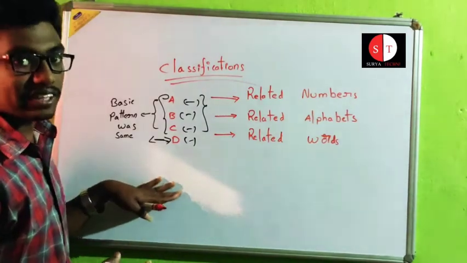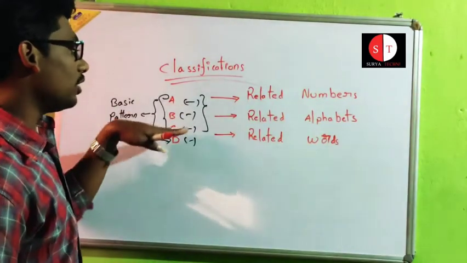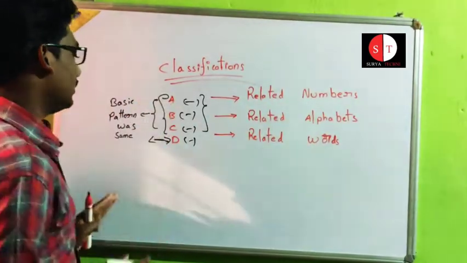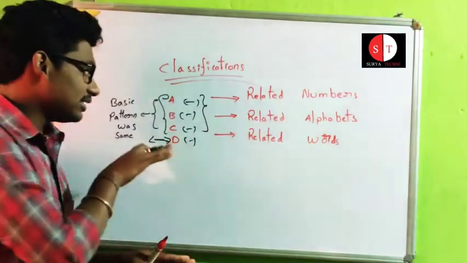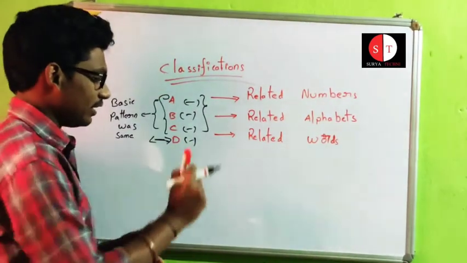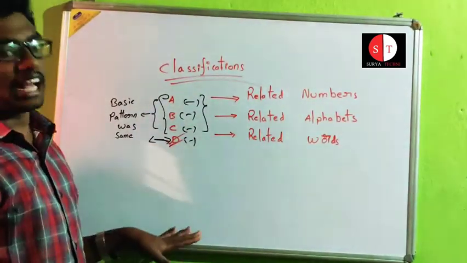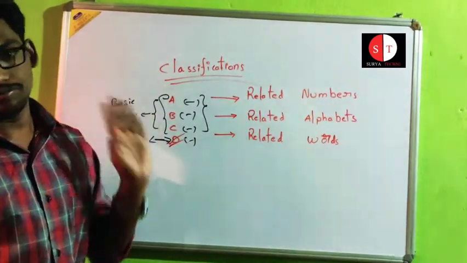Another option is different, does not match these 3 options. You have to classify it; this classification means finding the odd one out.